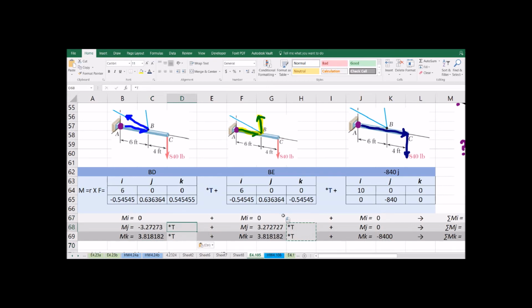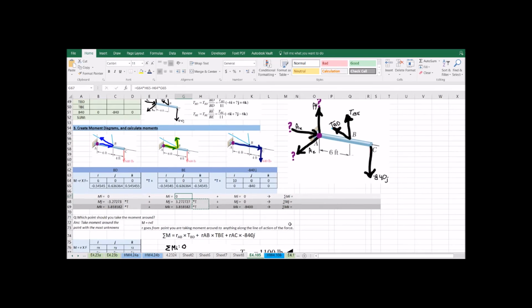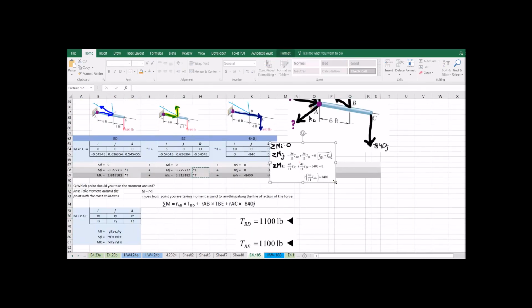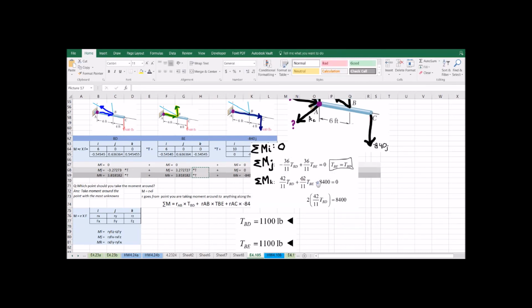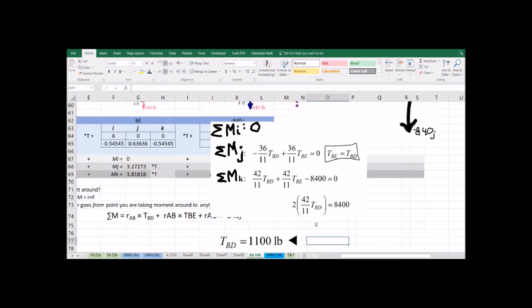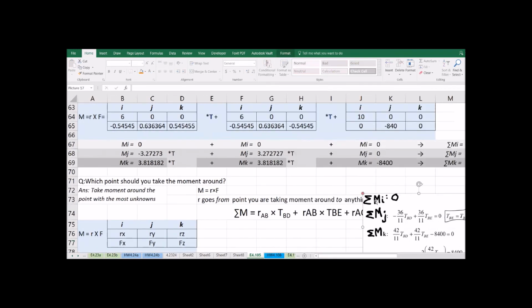But for all of these, there's only one unknown. Okay, so you can write your calculations out on a piece of scratch paper. Sometimes you can't do it all in Excel. You might have to get some scratch paper out to look at those algebra problems.